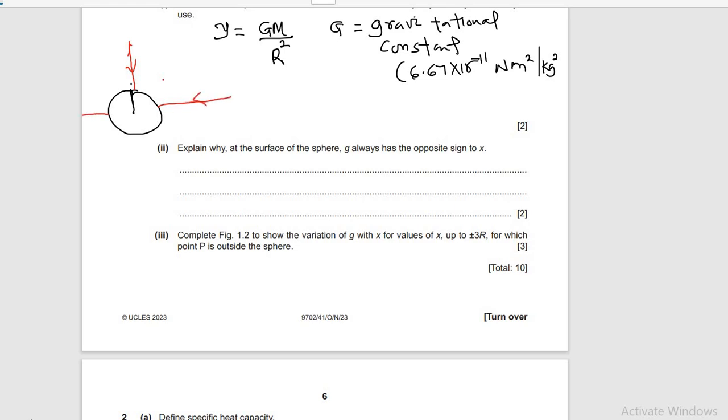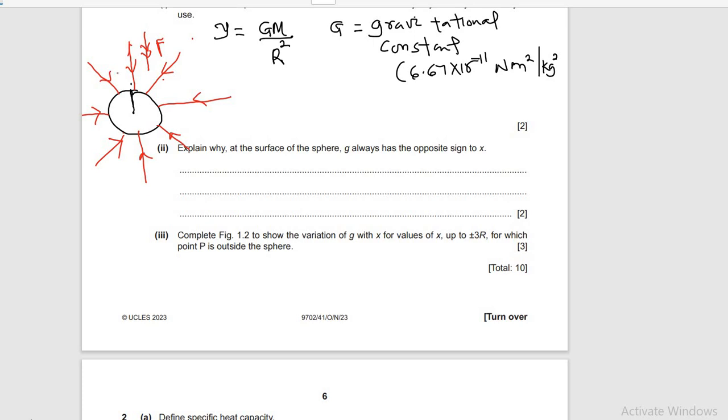The first question they asked us was, what is the meaning of the direction of this field line? We told them it is the direction of gravitational force on a mass placed in the gravitational field. So the force is downward, but as the mass comes down, you are closing in on the radius of the Earth, so the distance is decreasing.